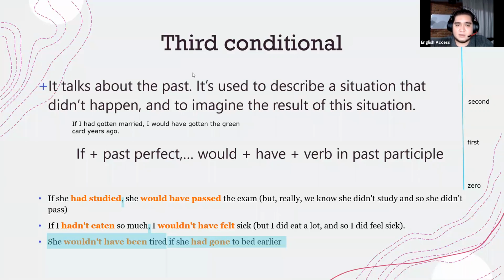And we have the example here. If I had gotten married, comma, I would have gotten the green card years ago. That is the consequence for this action. Okay. Now, if we had it like this, I would have gotten the green card, sorry, years ago, if I had gotten married, right?